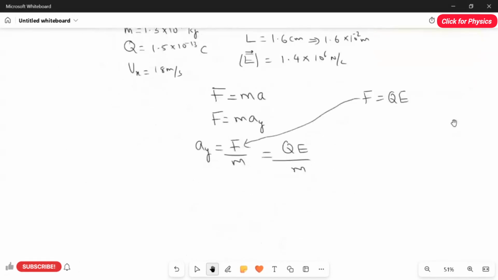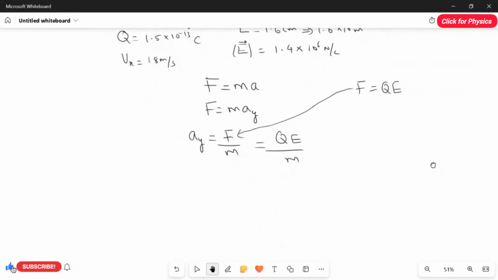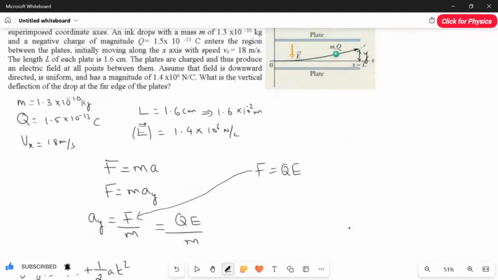So I'm going to use the second equation of motion with constant acceleration, which is y minus y naught equals v naught t plus half a t square. Here this is nothing but delta y, so we can mention this as delta y.